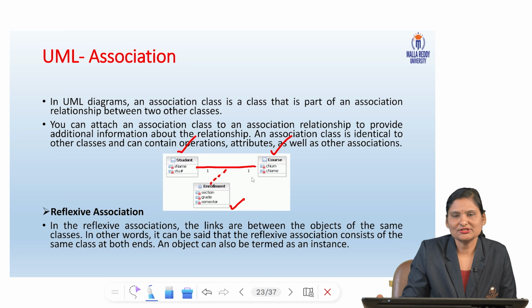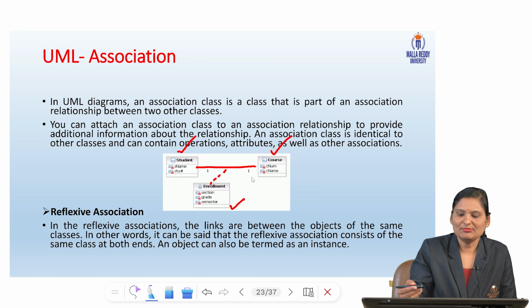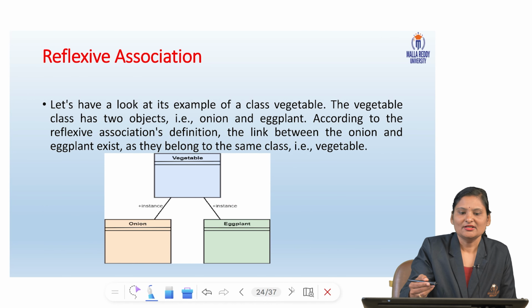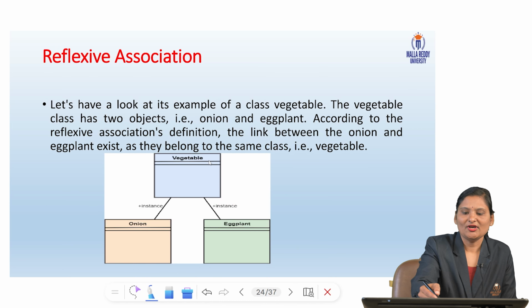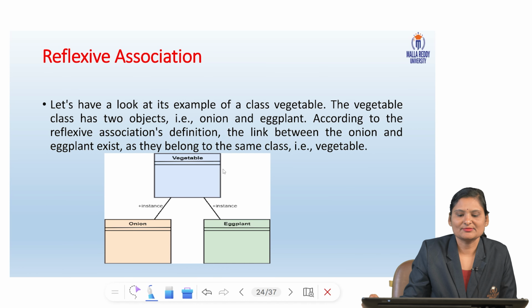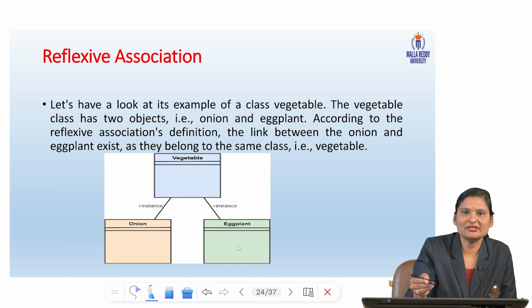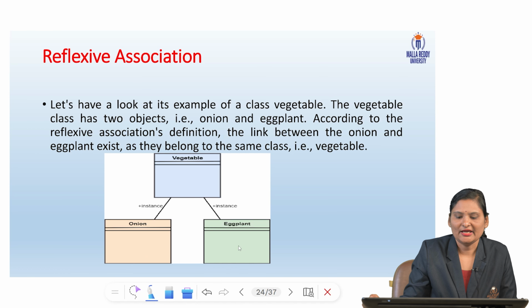In reflexive associations, the links are between the objects of the same class. It can be said that a reflexive association has the same class at both ends. Here you can see vegetable is the class, and we have taken two classes, one is onion and the other is eggplant.